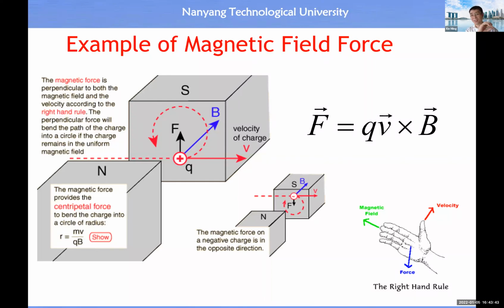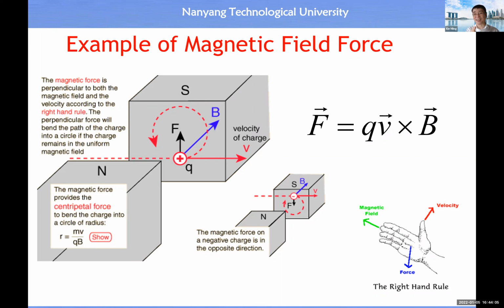So when a charge flies inside the magnetic field, there is an induced force F, and F will produce a centripetal acceleration that makes the charge undergo circular motion if there is no constraint of a conductor, because the charge is free to move in three-dimensional space.